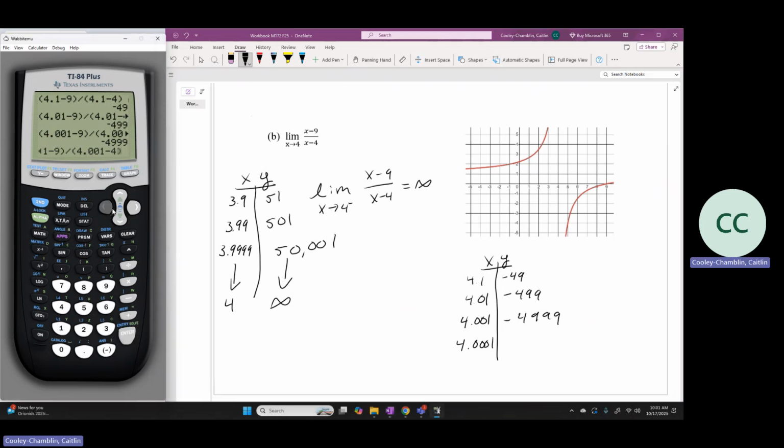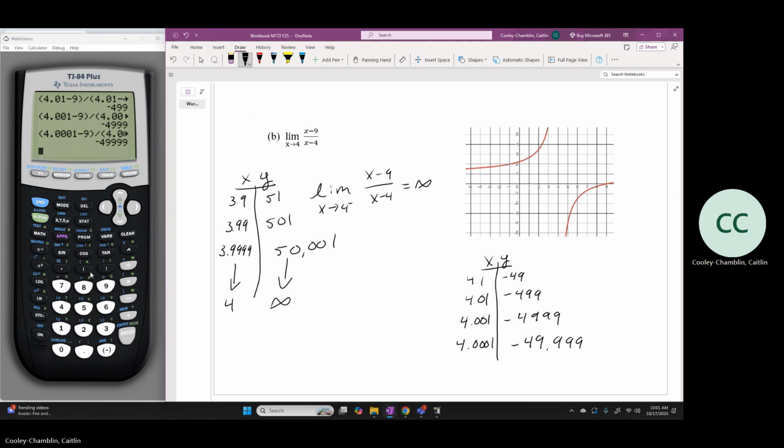We're going to add in one more 0 into our 4.0 sequence, so we have 4.0001, and we get negative 49,999.